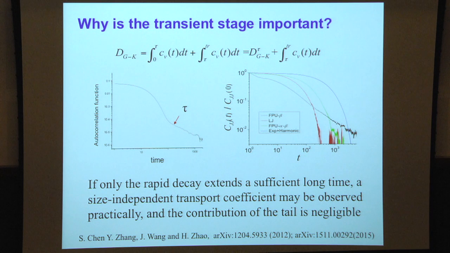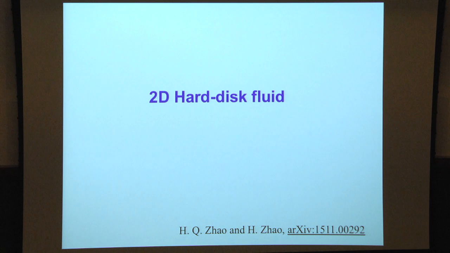In this case, I think the asymmetric interaction might be playing a key role to induce such a rapid decay of the autocorrelation function, and that's the reason why I return to the hard disk model.